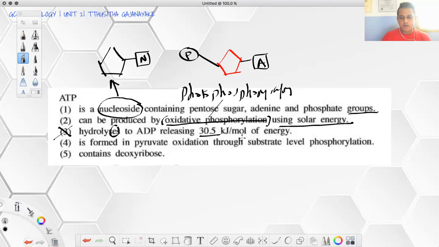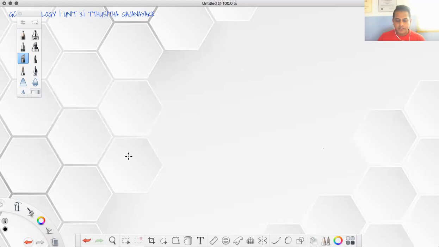Is formed pyridine. Okay, you haven't learned this one, but today you learn it has a ribose sugar. ATP has a ribose sugar. Okay, we're going to learn the rest of the nucleotides again, but if you can remember the name, it's enough.